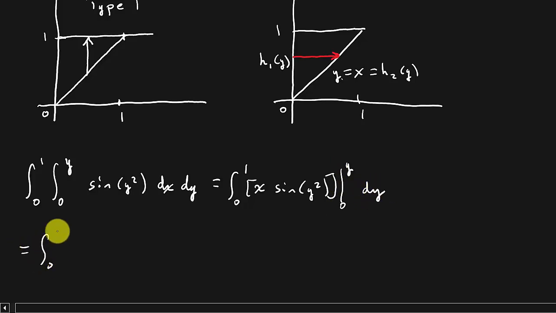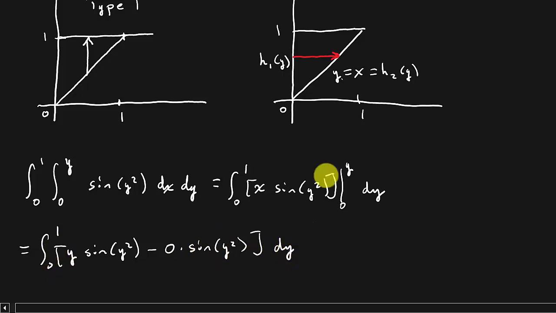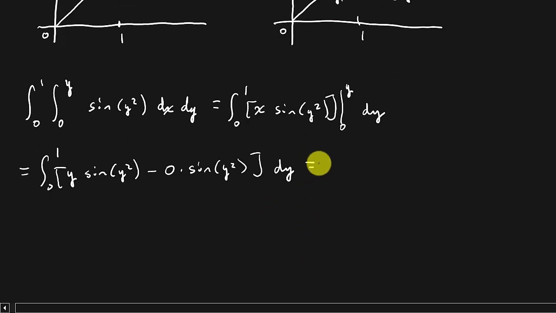We plug the y in for x: y sine y squared minus 0 times sine y squared, dy. This is 0 to 1 of y sine y squared dy. Then this right here just goes to 0.